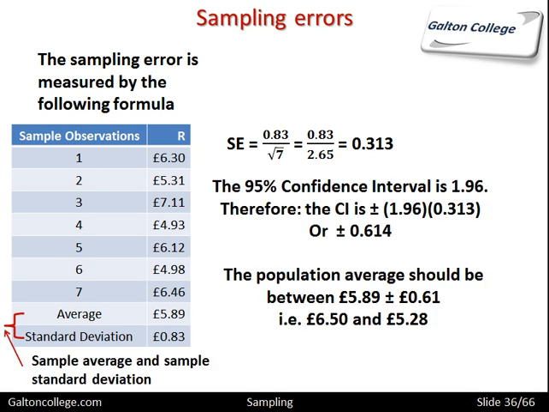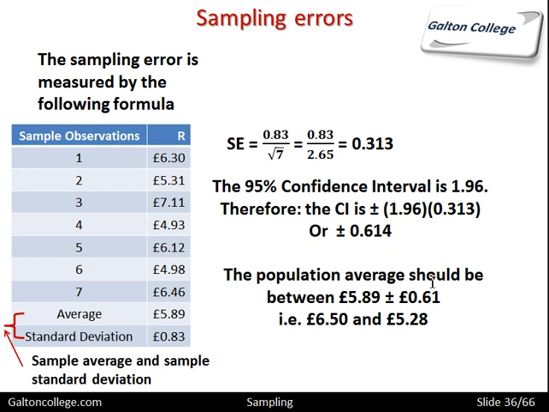Now, 95% confidence interval is 1.96. Therefore, the confidence interval, CI, is plus or minus 1.96 times 0.313, which is plus or minus 0.614.